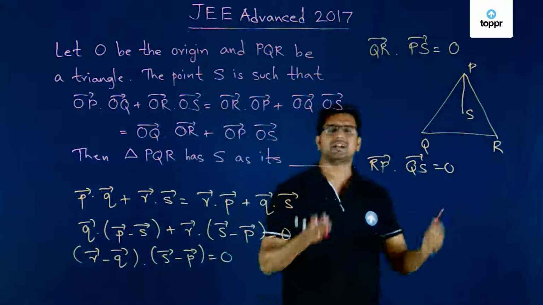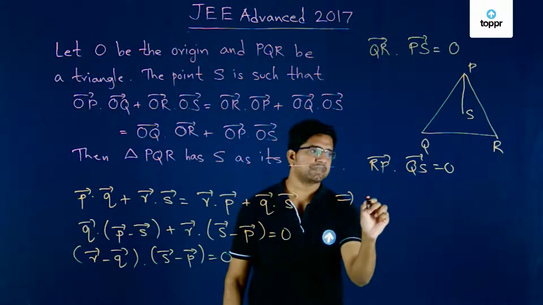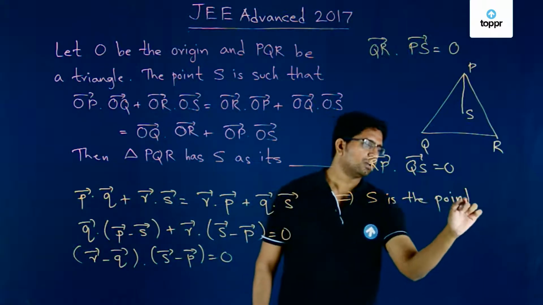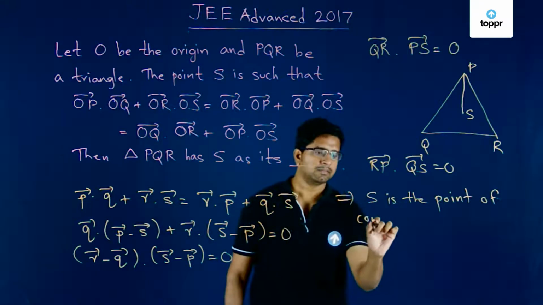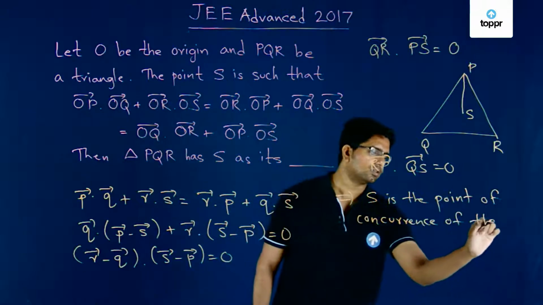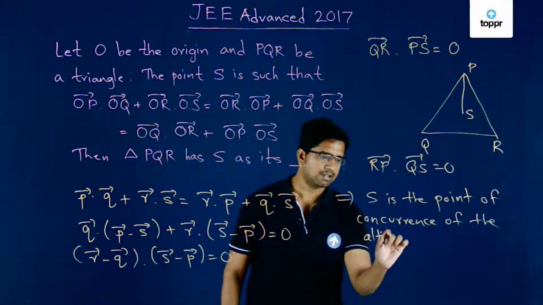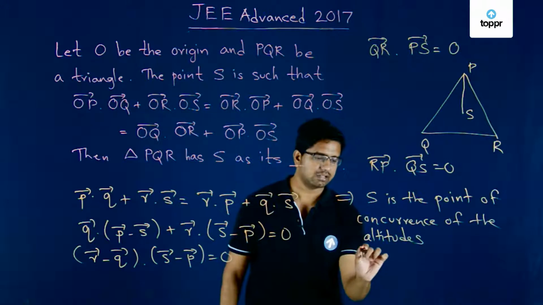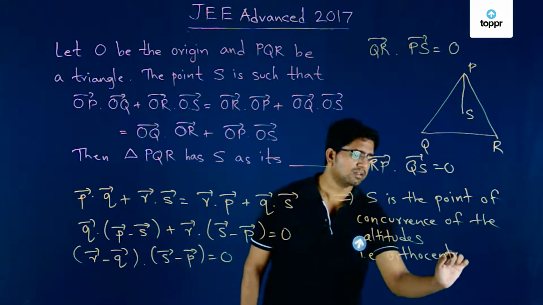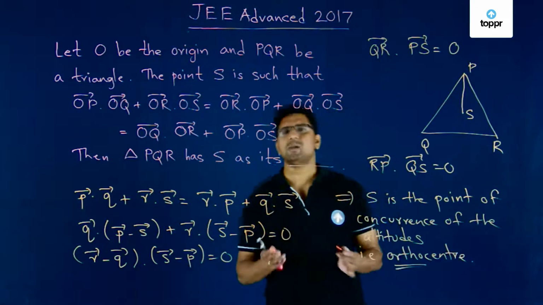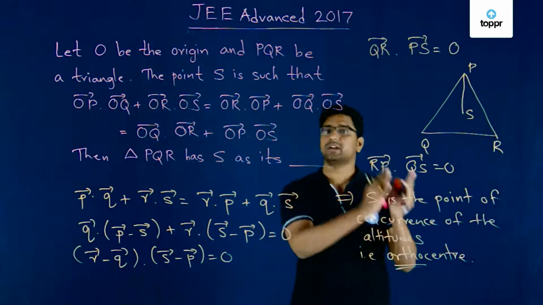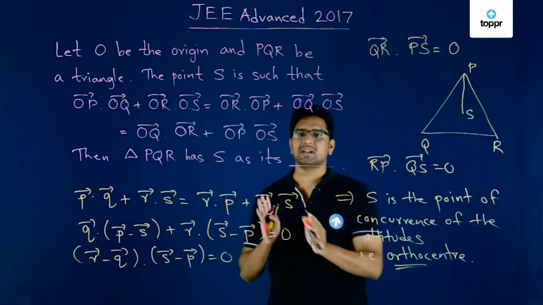So which implies that S is the point of concurrence of the altitudes, that is the orthocenter. So here was a very simple problem, just that you had to figure out what exactly is the geometrical relationship, using some simple nice algebra.